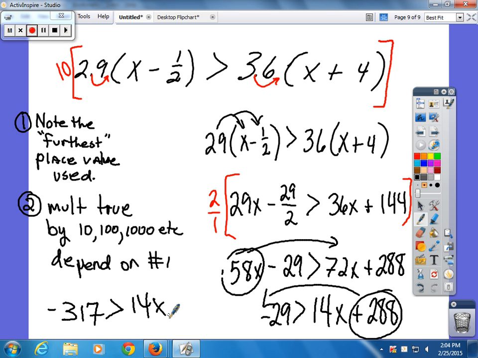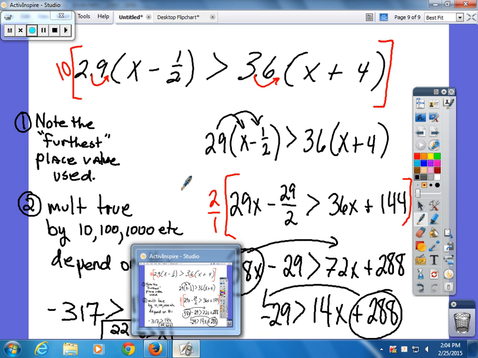That leaves 9. 90, 90, 90, 90, let's see, 5, 6, 7, 7, 6. 22.6, what do you get? So 22.6 is greater than x, or x is what? Less than 22.6. So graph it.